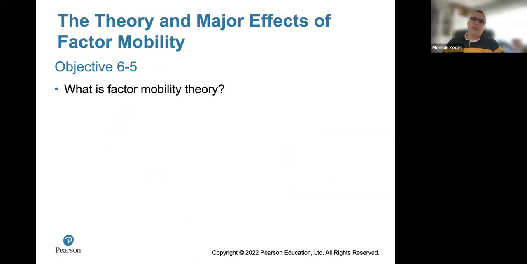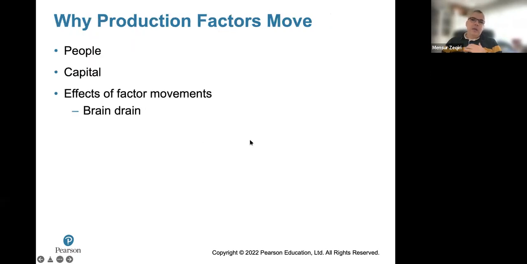The focus of this theory is also on the effects of those movements on transforming countries' factor endowments and the impact of international factor mobility on trade. And when we talk about why factors do move, we have to take into consideration some particular aspects.